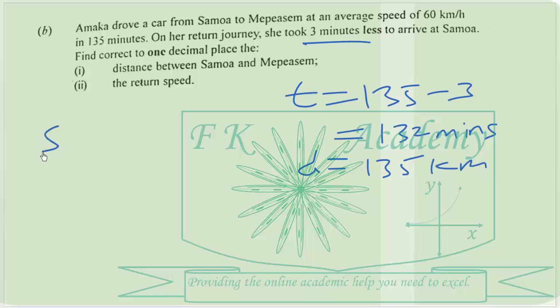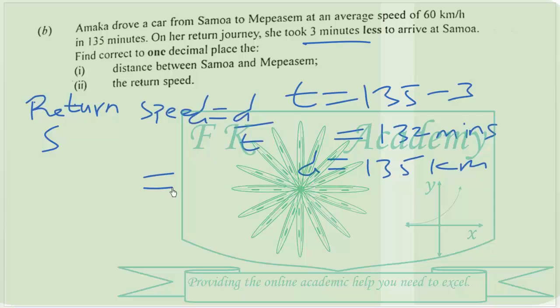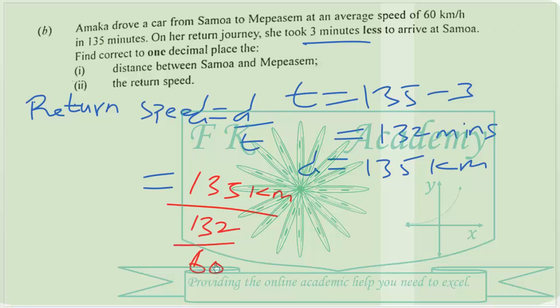So the return speed will be equal to distance over time taken, and the distance is 135 kilometers over 132 minutes, so over 60 hours. So we converted the minutes to hours by dividing by 60.